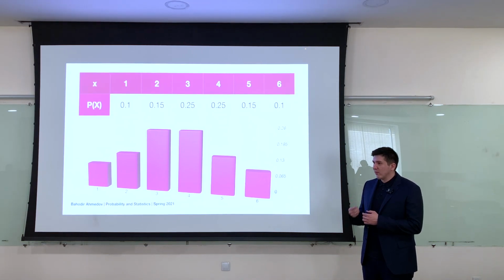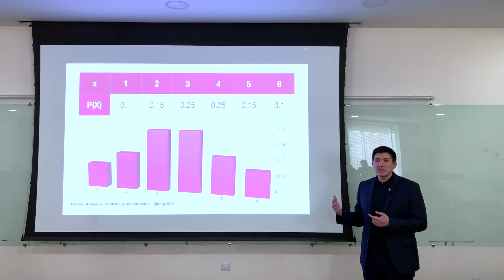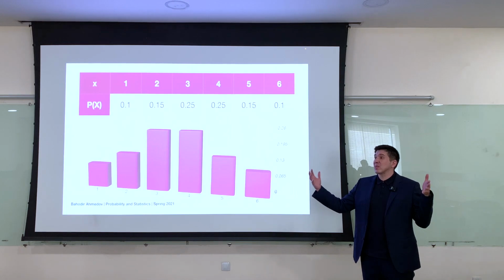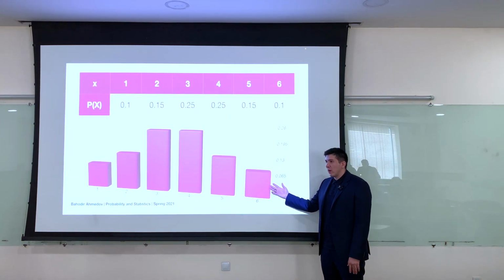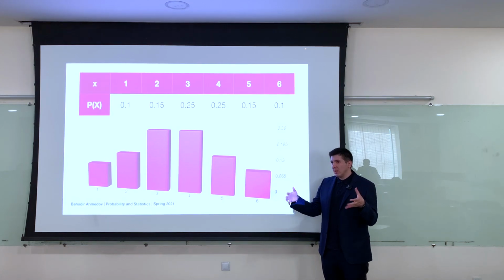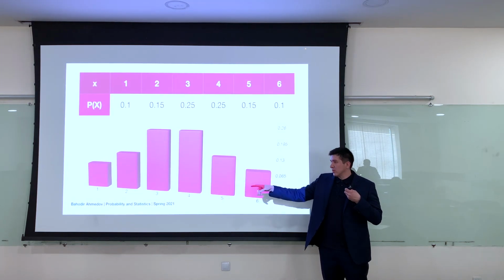One is every probability is always between 0 and 1. And the second property is the sum of all of the probabilities is equal to 1, right? So we consider that for our experiment, the sum of all of the probabilities is 100%. And this graph is essentially going to show us how this 100% is distributed over these 6 outputs.